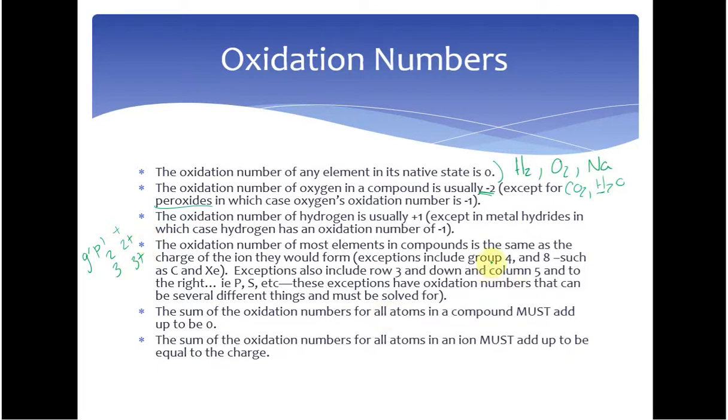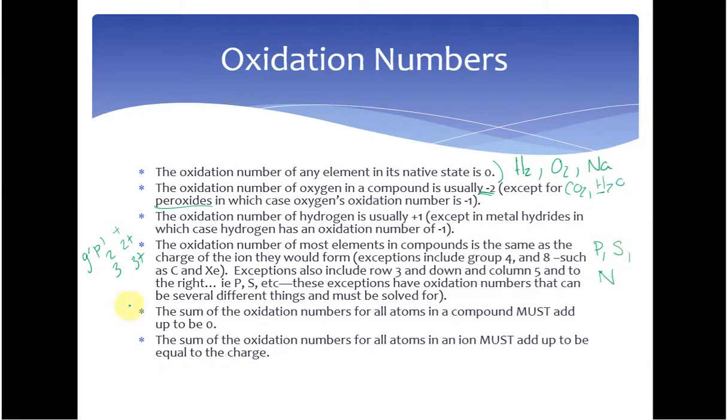Exceptions come into groups 4 and 8, such as carbon, xenon, and also rows 3 down. Specifically, guys, look for phosphorus and sulfur. I don't remember exactly, but nitrogen can also be a little different if it's in a compound.